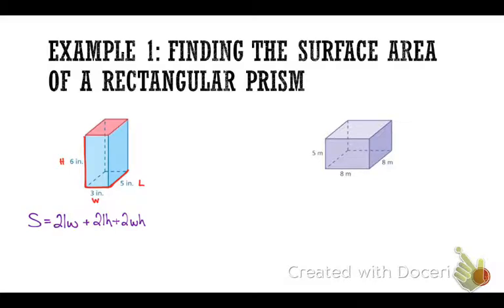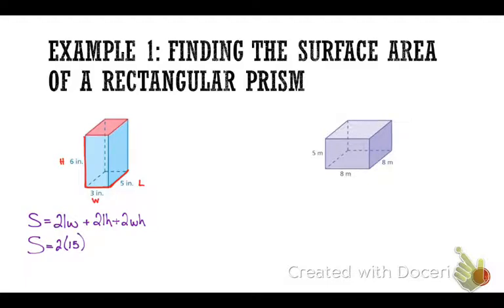You'll notice the more you practice these, you're going to fall into a rhythm, and you also can go back to the figure and see which sides you're finding the area for. Okay, so 2 times the length. So what's the length? 5. What's the width? 3. What's 5 times 3?